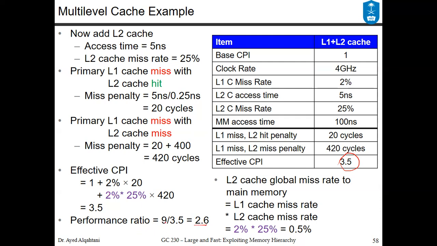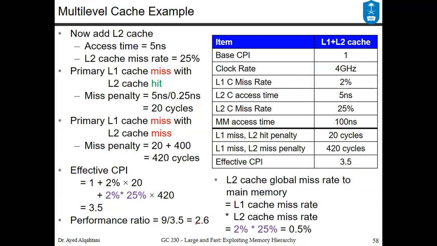If you find the performance ratio, you divide the bigger number, which is 9, by 3.5. So this system, where you have level 1 cache, followed by level 2 cache, followed by the main memory, has gained you a lot of speedup, which is 2.6. So it's 2.6 times better than the previous setup.